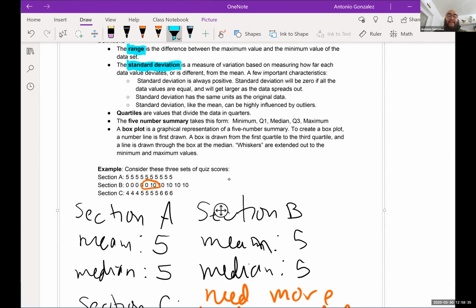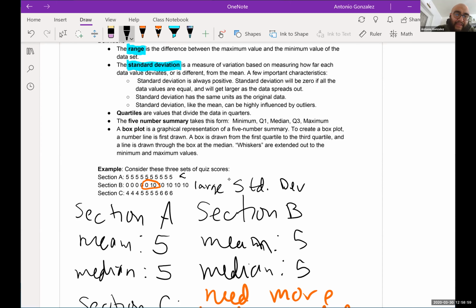We look at B, there we have a wide spread. If 5 is our mean, we have values that are at 0 and then at 10. So that's going to give me a rather large, relatively, standard deviation.